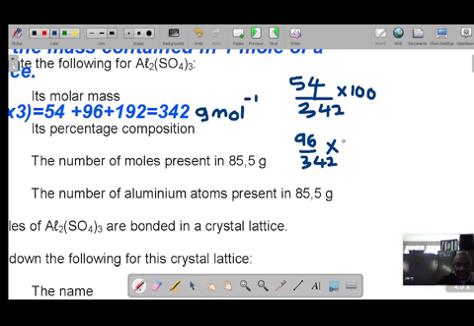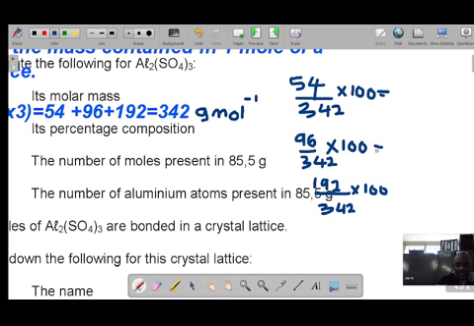And then lastly, for oxygen it's going to be 192 divided by 342 multiplied by 100. Okay, so anybody with the answers out there, talk to me now. Okay, let's get these answers now.